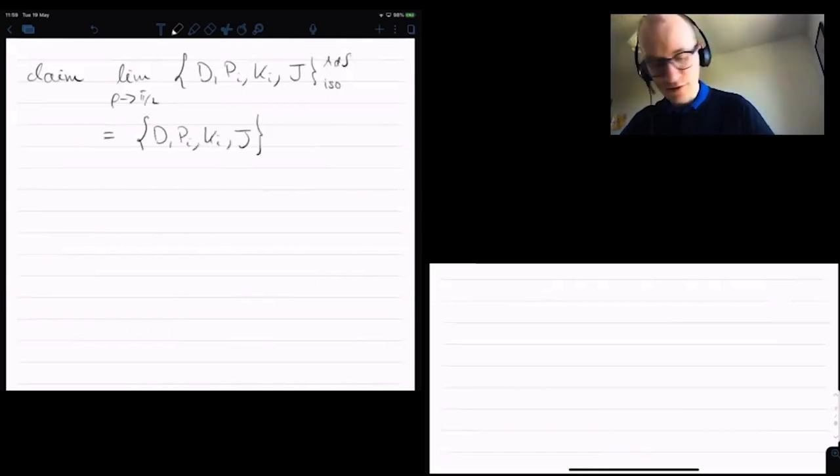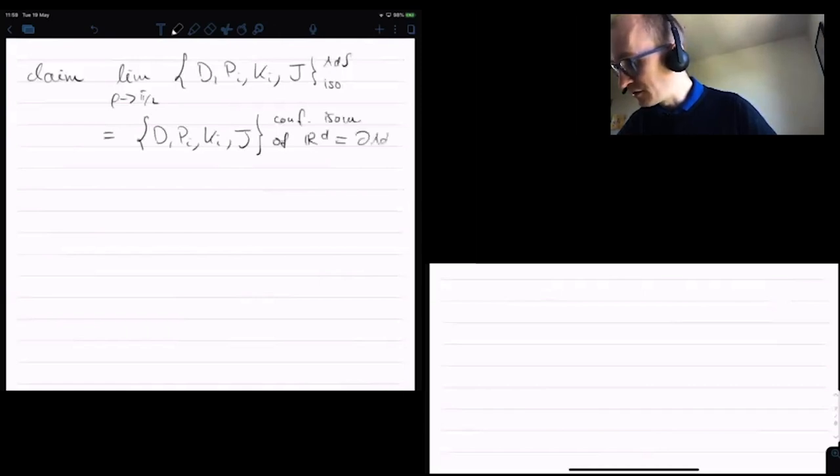Now they are conformal isometries of R^d, which I want to identify as the AdS boundary, in some correct coordinate system.